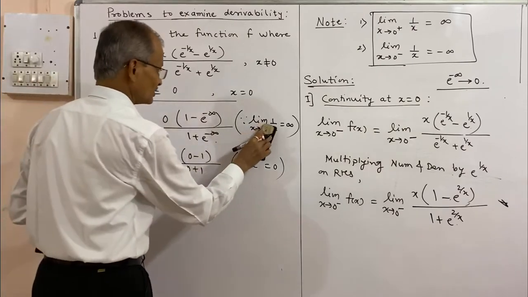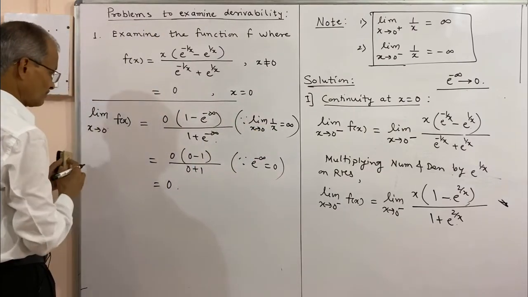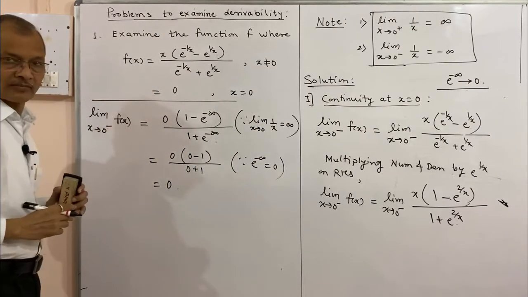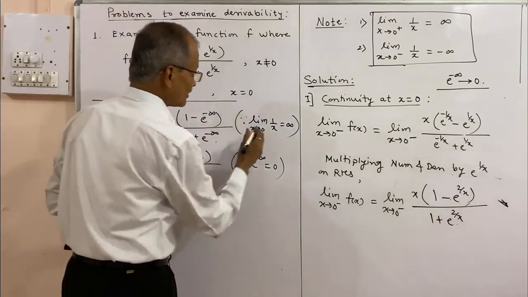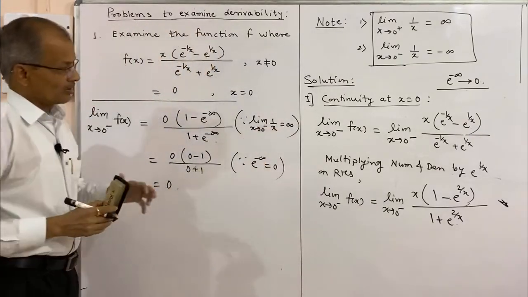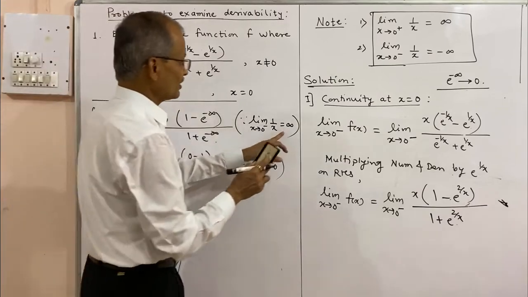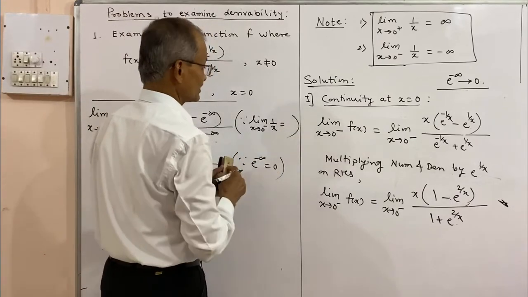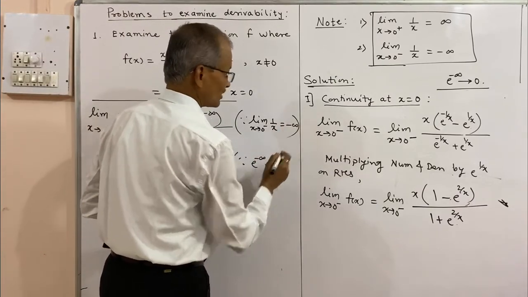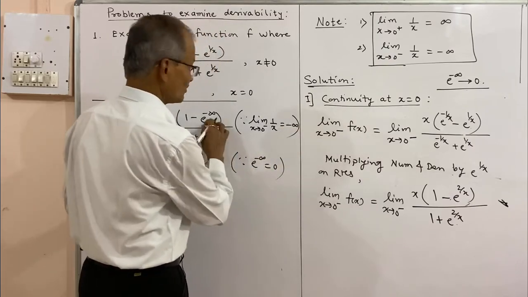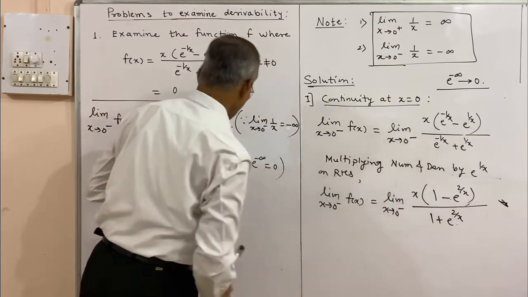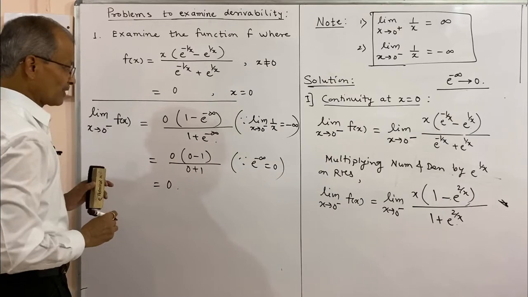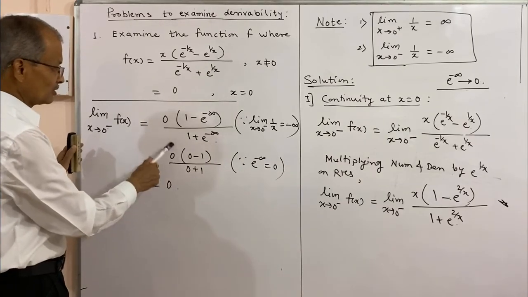You note the changes. So this is the left hand limit, and here x tends to 0 from left, the limit of 1 by x is minus infinity. So therefore we have written e raised to minus infinity here, and the denominator also. Now what is this? 0.